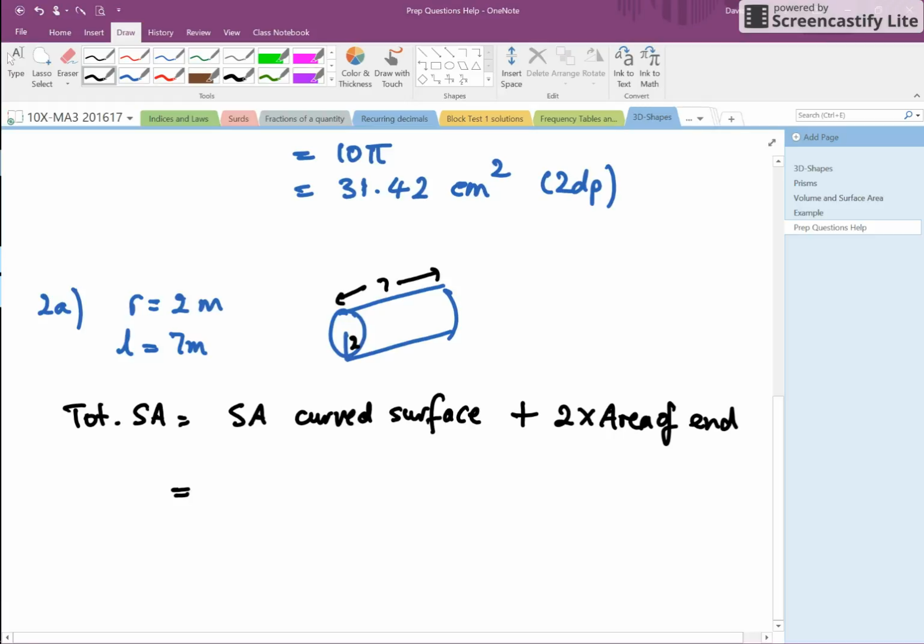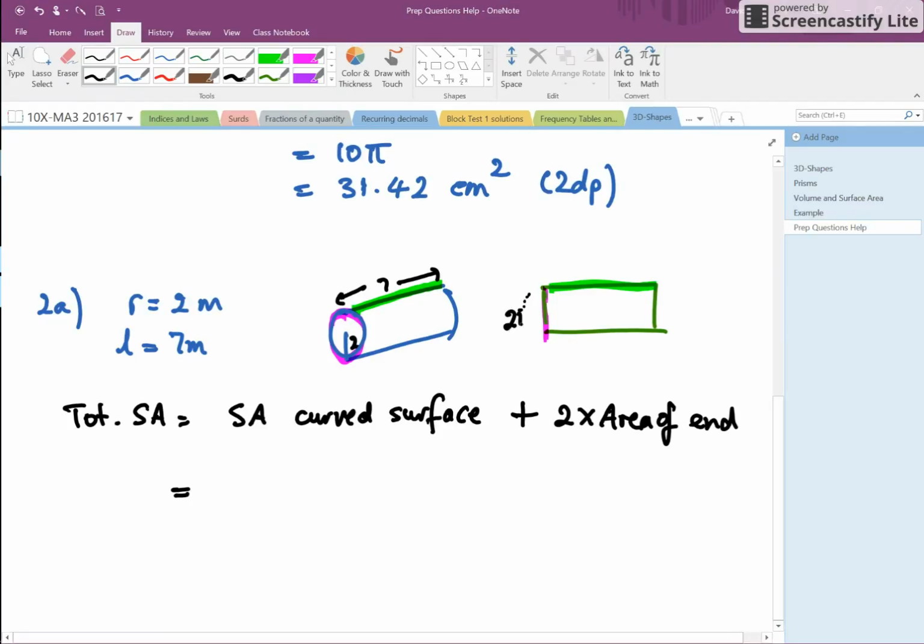Now the curved surface, again, we're turning it into a rectangle, and this length is the circumference, and that corresponds to that length there, and the green length is the same as this green one here. So we need this distance here.